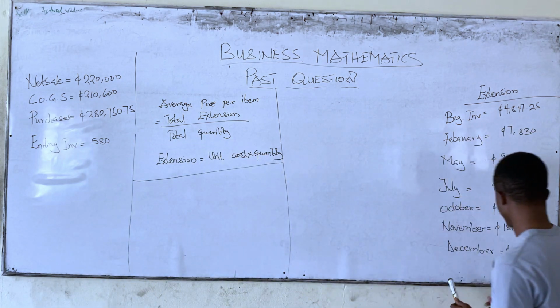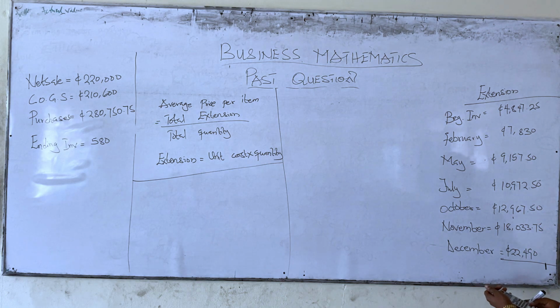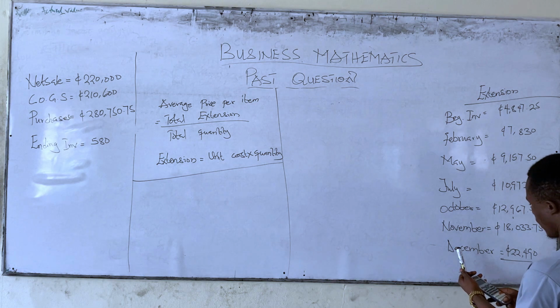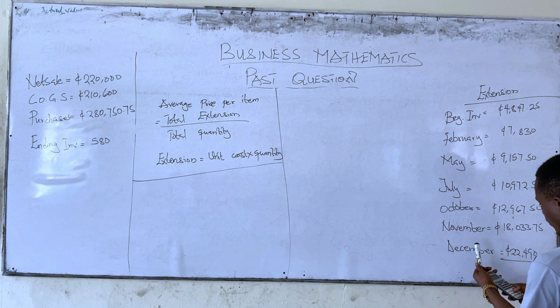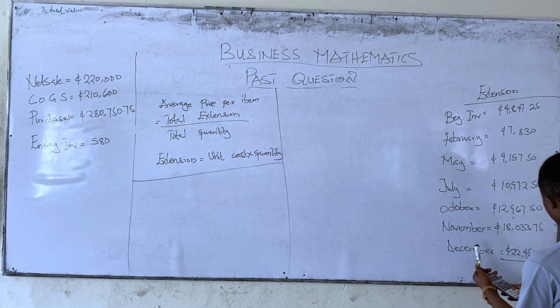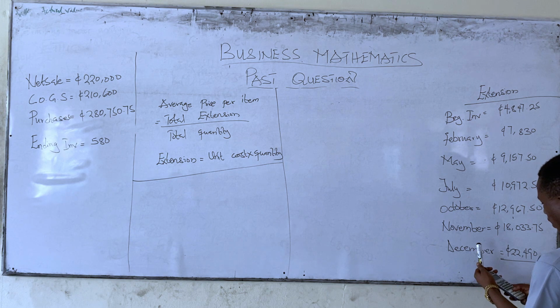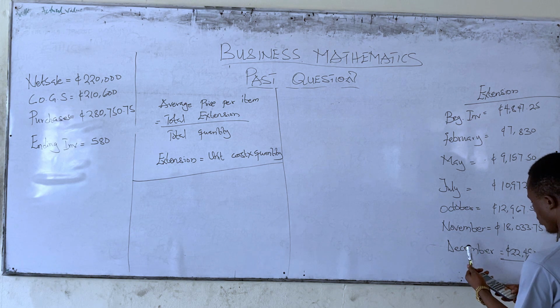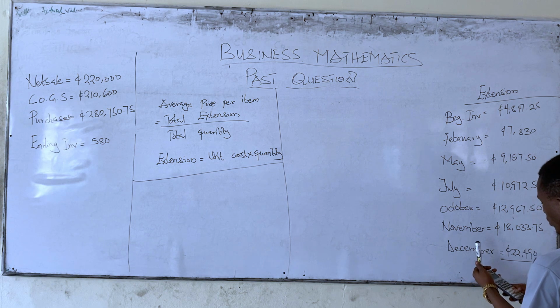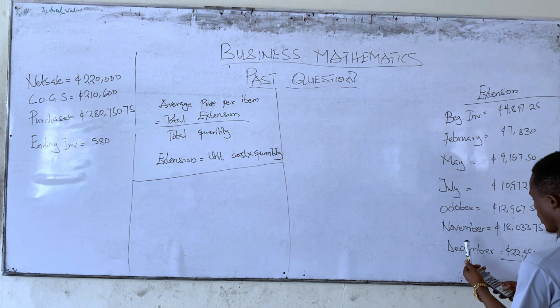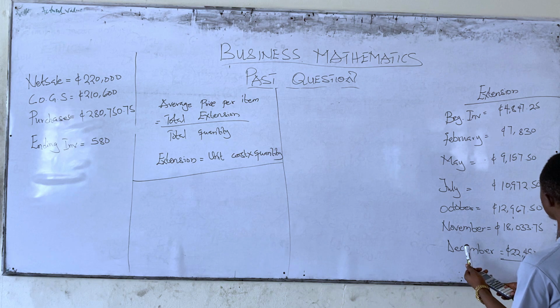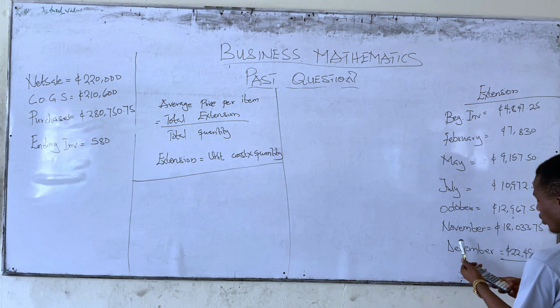So let's add everything here to get the total extension: 18,033.75 plus 12,967.50 plus 10,972.50 plus 9,157.50 plus 7,830 plus 4,847.25.